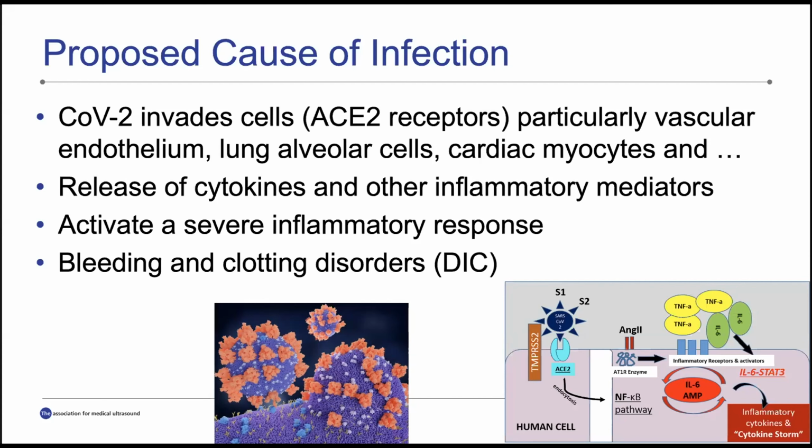And this results in a number of different pathologies, but we're going to focus primarily on the bleeding and clotting disorders, the coagulopathy associated with the release of these inflammatory markers, which can cause a number of different bleeding problems, including disseminated intravascular coagulation.